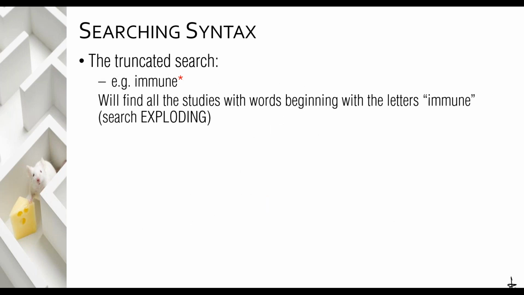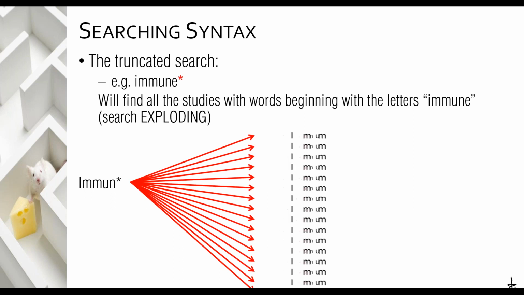One of the most important and fantastic ways of searching is the truncated search. The word truncated means it's like the trunk of a tree and then it has different leaves. Okay, so the root, as we say in Arabic. But instead of searching for the entire word, I search for the part that I know is there. So for example, if I put immune and I put star, star means truncated.